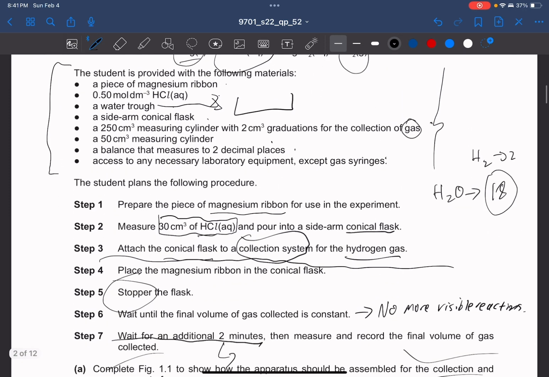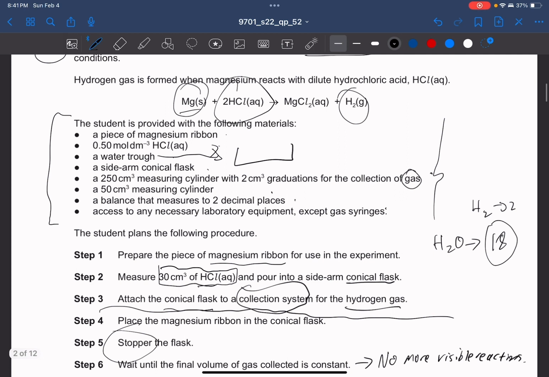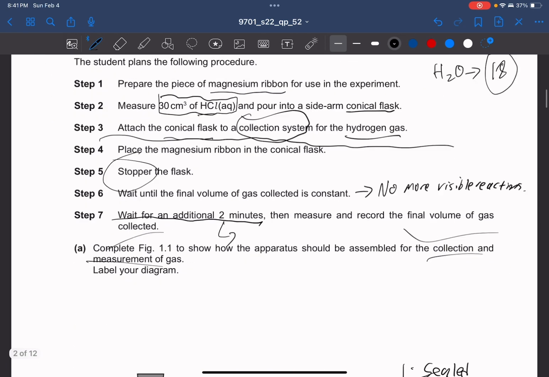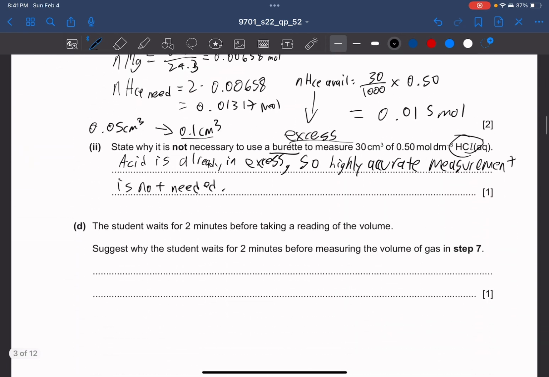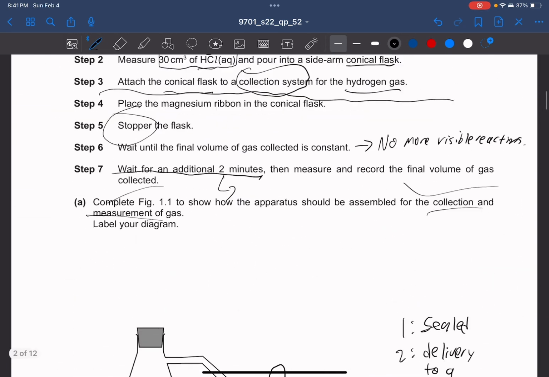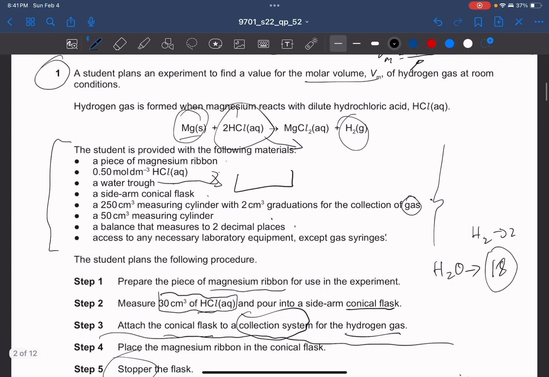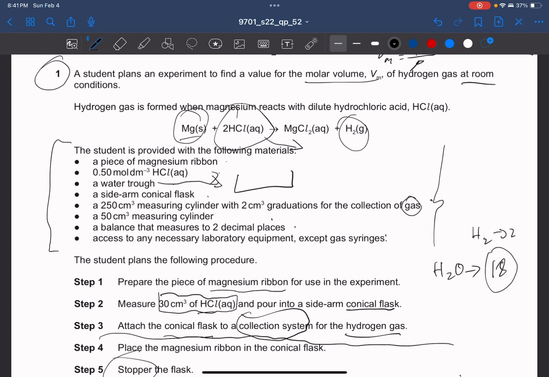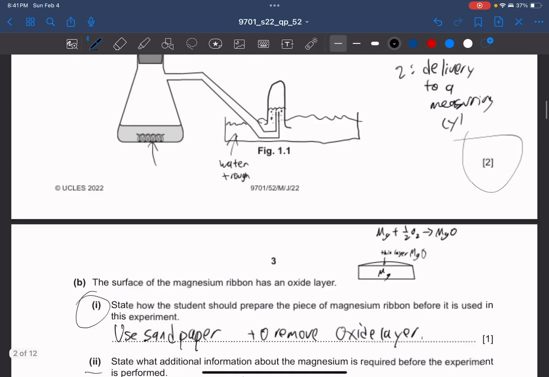Another reason why you would need to wait for the 2 minutes is because this is a reaction which is exothermic. So that means when you add HCl to Mg, you get a release of heat. Because you get that release of heat, it might be hotter than room temperature, and what we're trying to solve for is the molar volume at room conditions.